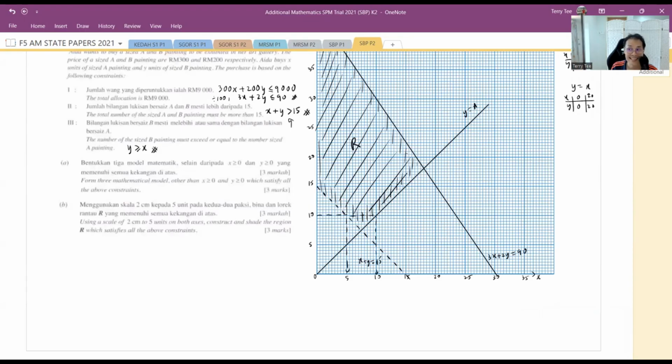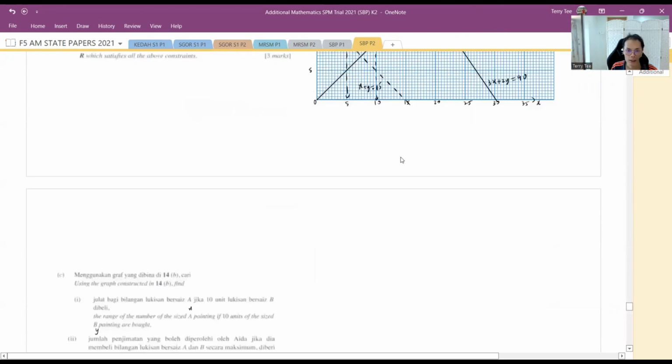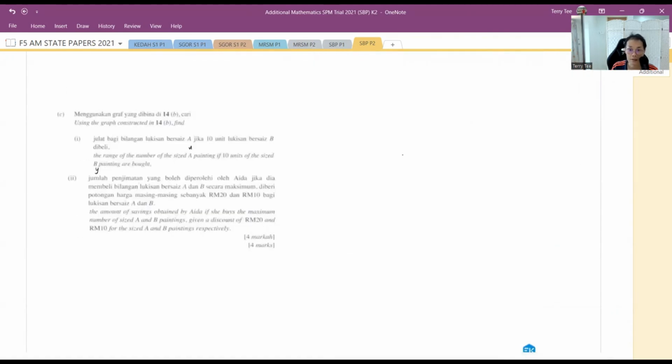But take note that it doesn't include 5. Because the number of paintings is a whole number, a discrete number, you can either say between 5 and 10, or you say 6 to 10, because it doesn't include 5.